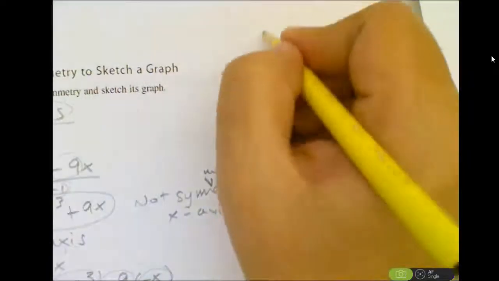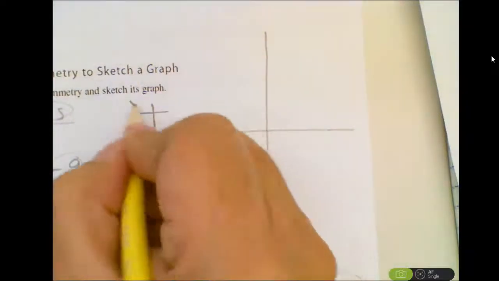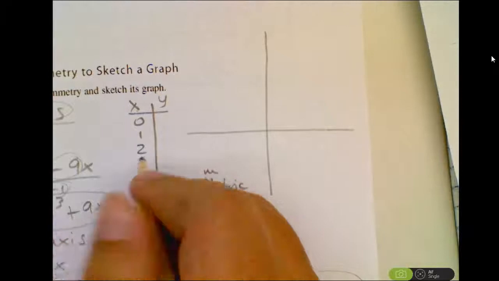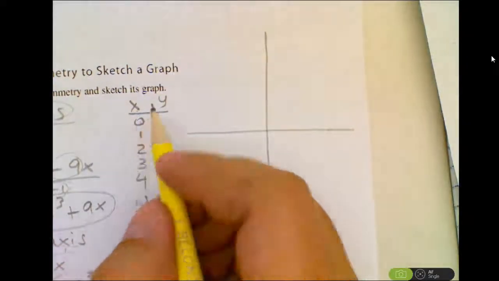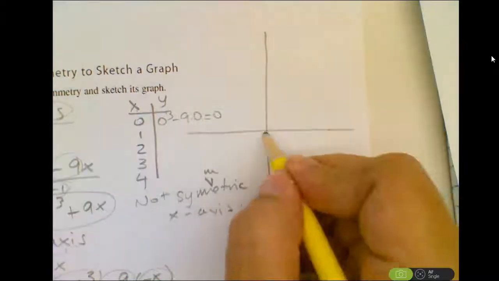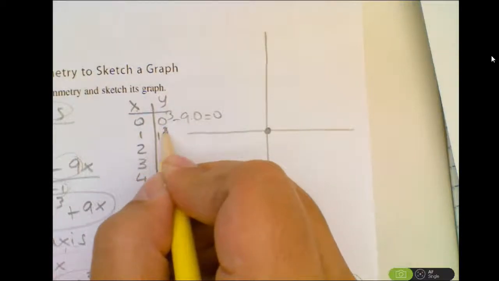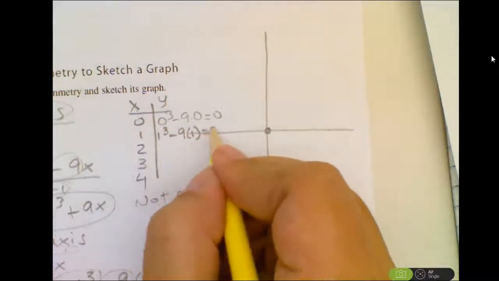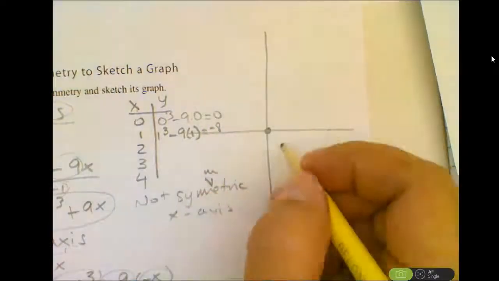So I'm going to have my sketch over here. I'm going to have a few values. Let's pick 0, 1, 2, 3, 4. So now when x is 0, I'm going to do 0 cubed minus 9 times 0, and that's 0. So that's a point on the graph. Then when I replace with 1, I'm going to have 1 cubed minus 9 times 1, and that is negative 8. And then I'm going to graph that.